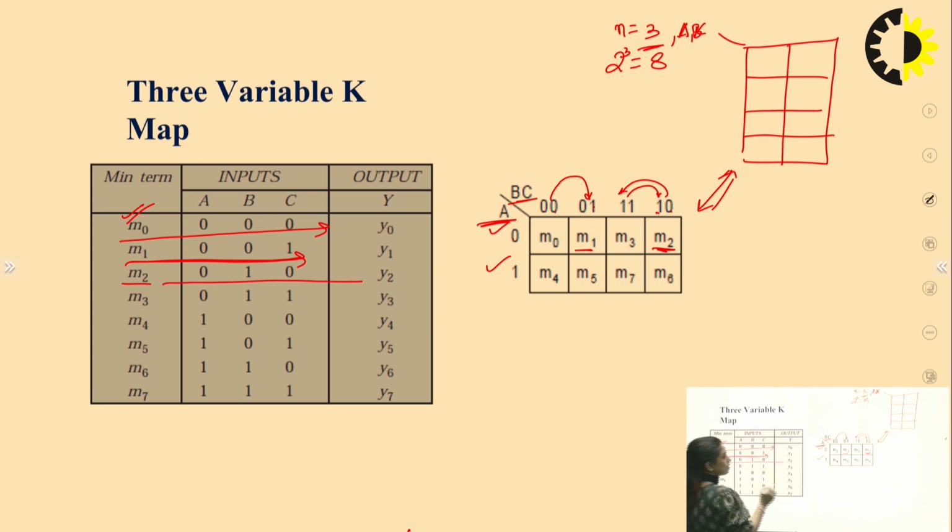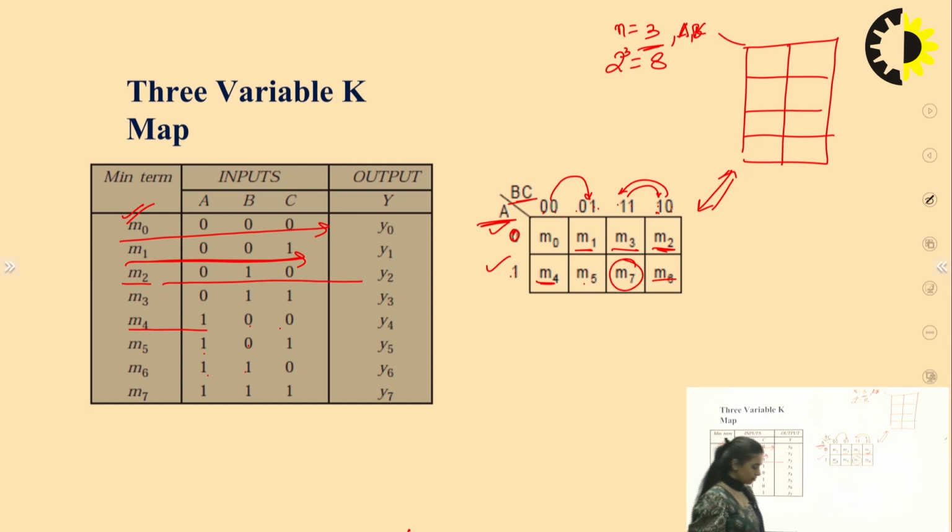For 011, it is M3. Now we switch to the next row. 100 is M4. 101 is M5. 110 is M6, and triple 1, this position is the highest position, which is M7.